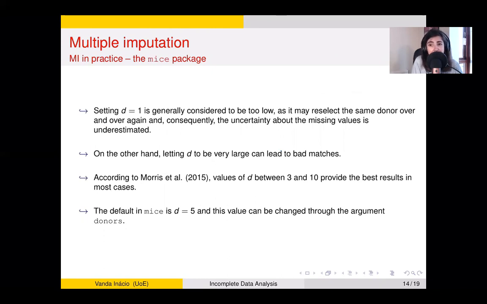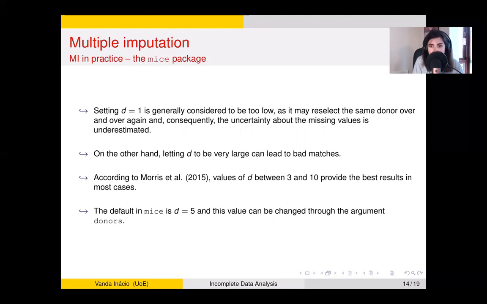And again, here there are studies for all tastes. Basically, d equal to 1 is generally considered to be too low, and we incur the risk of selecting the same donor over and over again. By doing this, we are underestimating the uncertainty about our missing values because we are always imputing the value from the same donor.